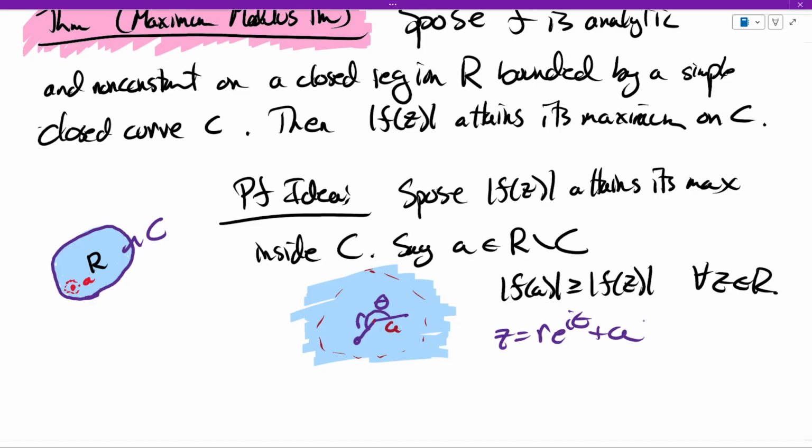And you do some analysis of the size of these. So you can compute the modulus and compare that to the size of f of A using Cauchy integral formula.